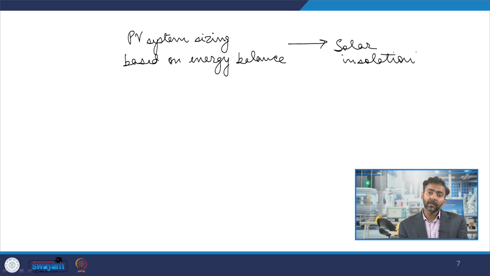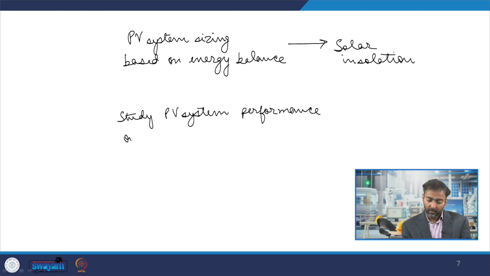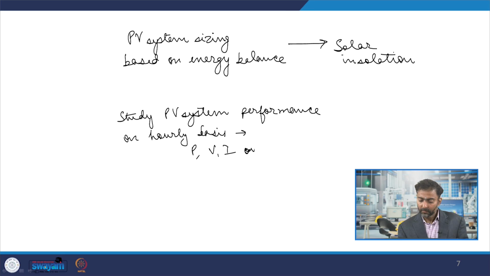But let us say I want to do some other, more detailed studies. Suppose I want to study the PV system performance on an hourly basis, and let us say I want to look at the profile of power or voltage or current output of PV on an hourly basis or sub hourly basis.